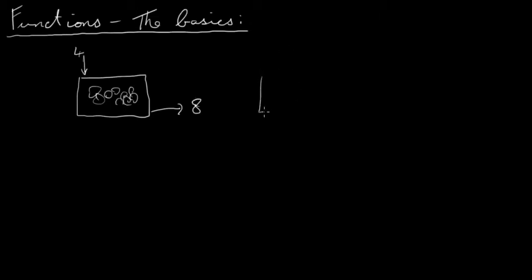Now, we can have two different machines, two different functions, if you like, and let's say this is the squaring function. Whatever we put in, we call it the input, and we're going to square it.